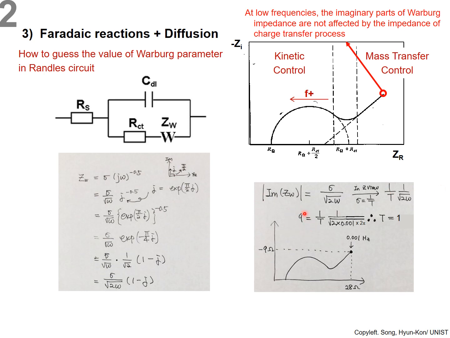Imaginary part 9 is equal to 1 over T, and then 1 over root 2 omega. What is omega? Omega is 2 pi times the frequency in hertz. So 0.001 hertz times 2 pi. Then you could calculate the value of T. In this case, T is equal to 1. So we could calculate the parameter for Warburg impedance.